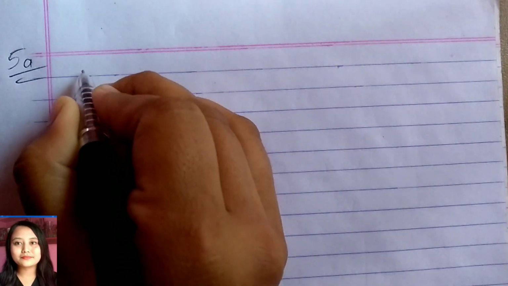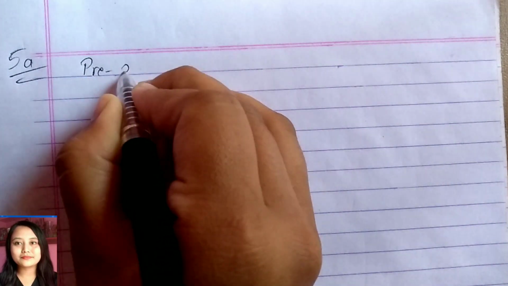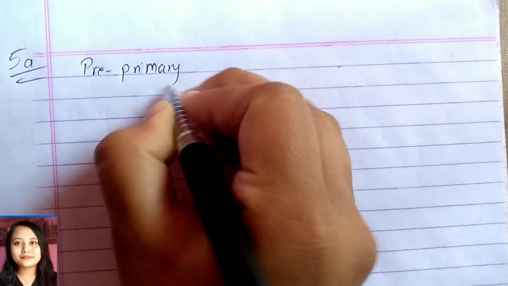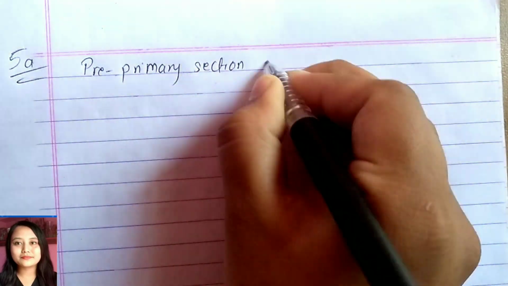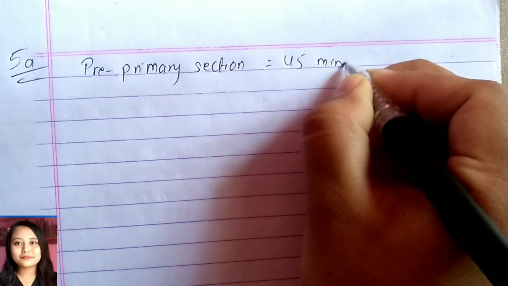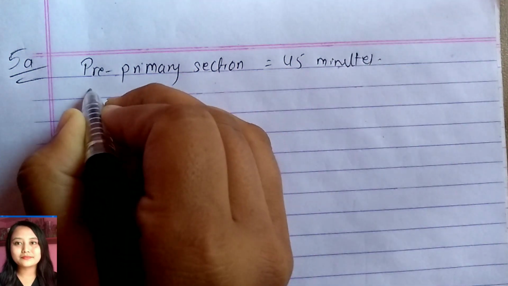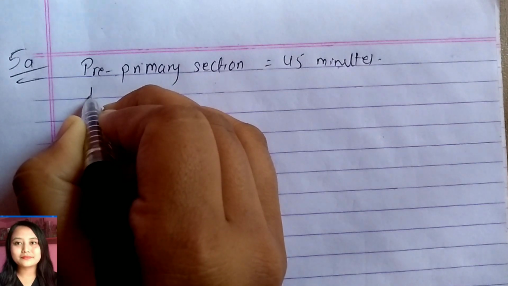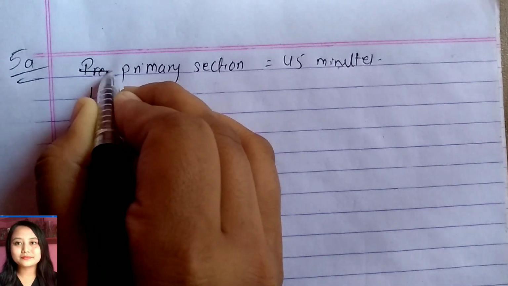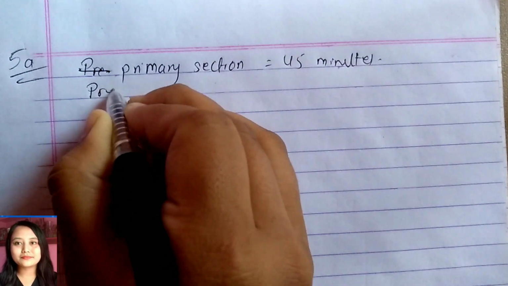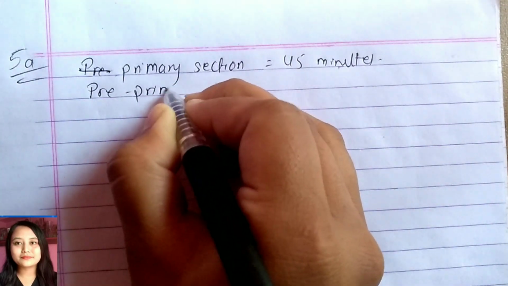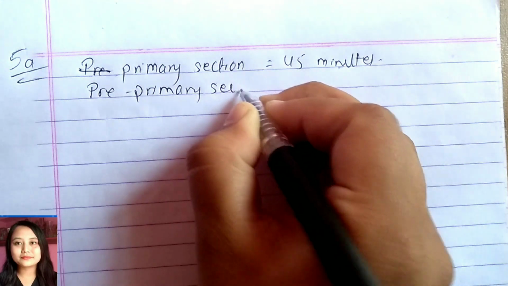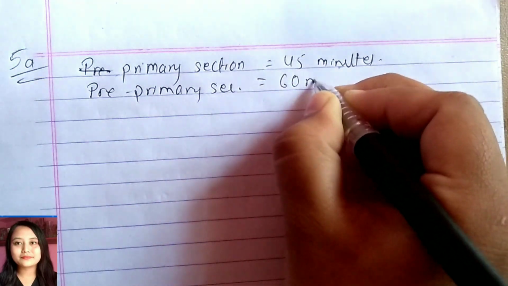Okay, so here in question number 5a, what it is saying is that the primary section has 45 minutes, and the pre-primary section equals 60 minutes is given.